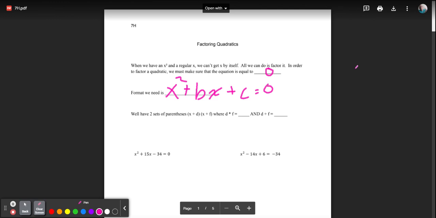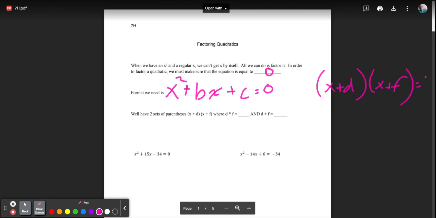Now, when we factor this thing, and this should be reviewed from Algebra 1 and maybe even before, what we're going to end up with are two sets of parentheses. I'm going to call them x plus d and x plus f.